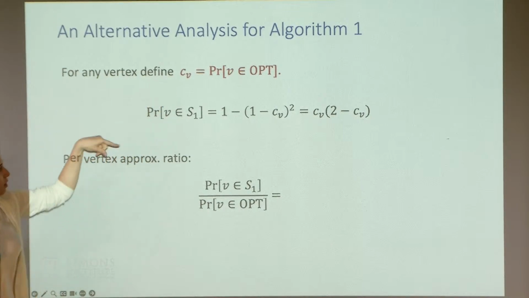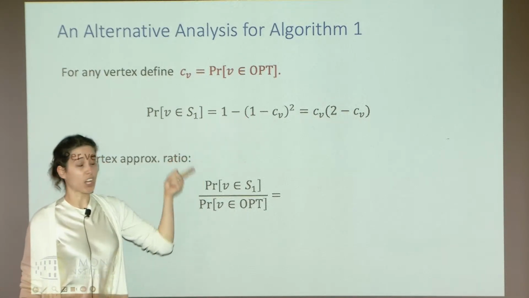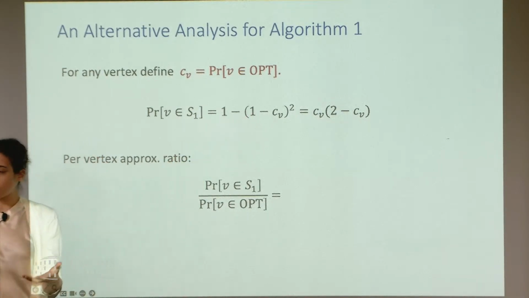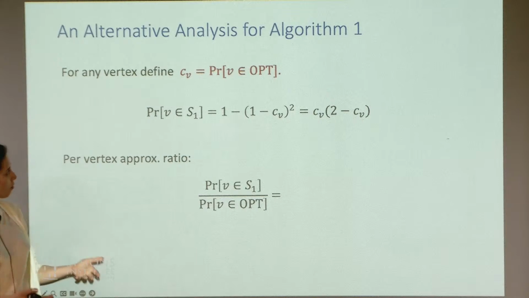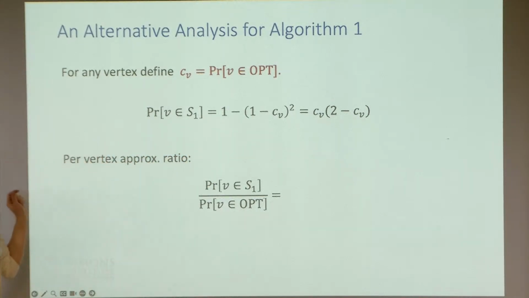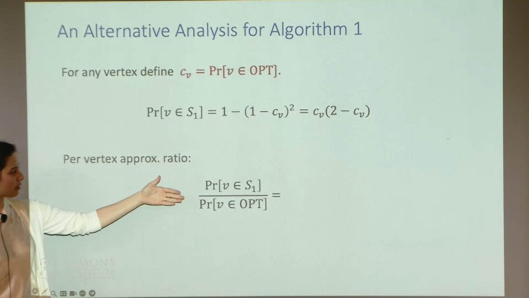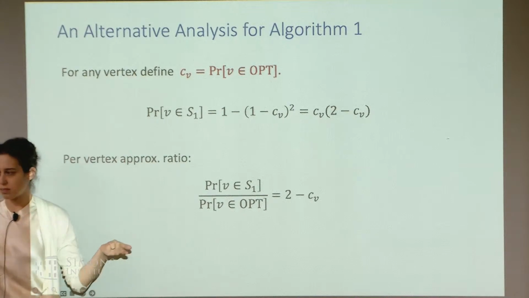Okay, so after you do the math, it's going to be 1 minus probability that it is in none of the two solutions. Both of them, the vertex belongs to each with probability CV. Right? So it's going to be CV times 2 minus CV. So the per vertex approximation ratio, the way I define it for any vertex, would be 2 minus CV.